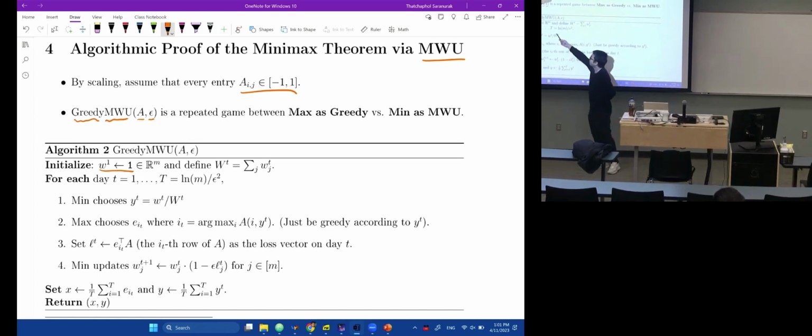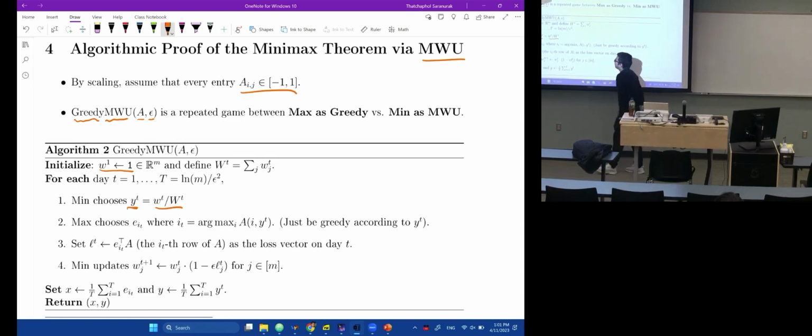Now there will be some rounds, for each day, day T. So what the min player will do, he tries to choose the distribution according to the weight update algorithm. So min player will just choose y, which is proportional to the weight, and he just announces that he's going to play y on this day.